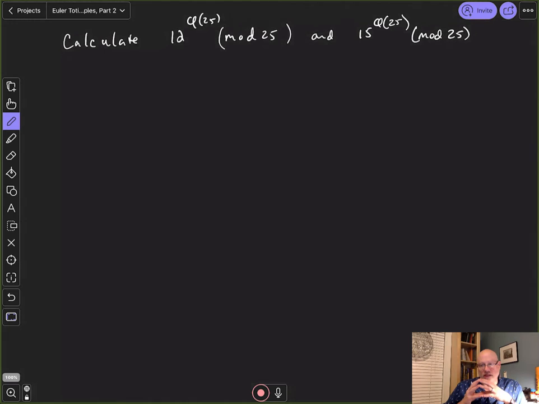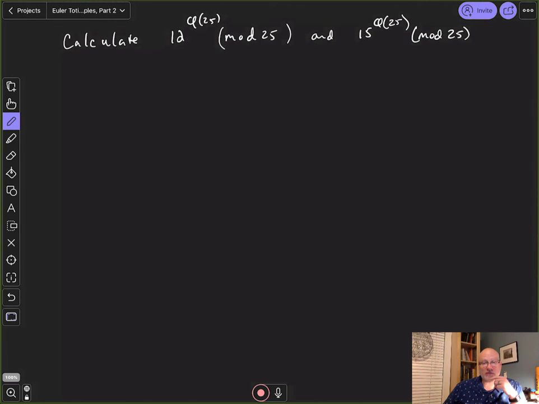We're going to talk about what our phi for 25 is. If you remember back to when we calculated using modular arithmetic, we could see how raising a number in a prime modulus to one less than the prime gave us the value of 1.